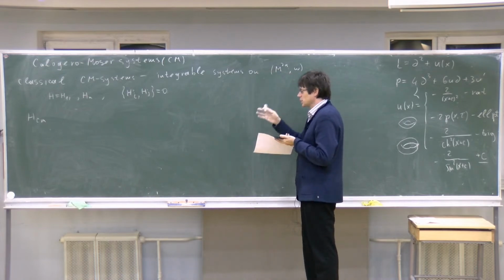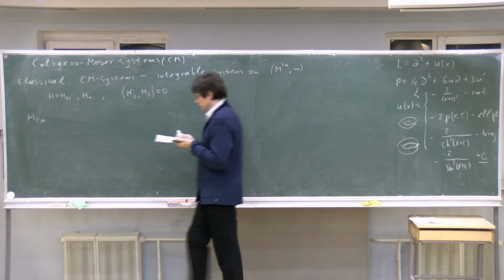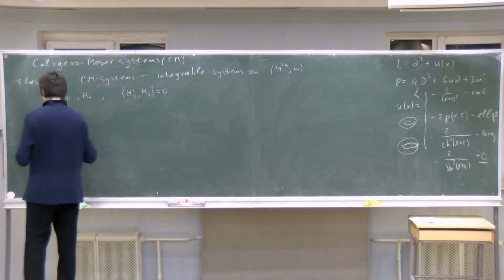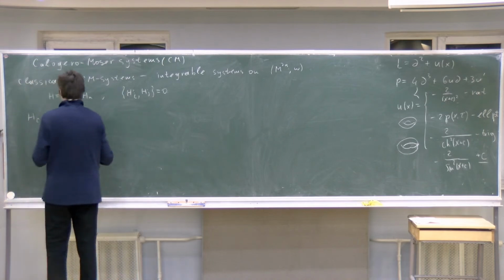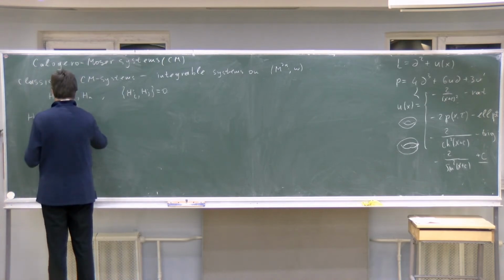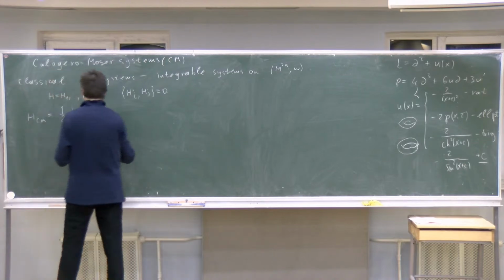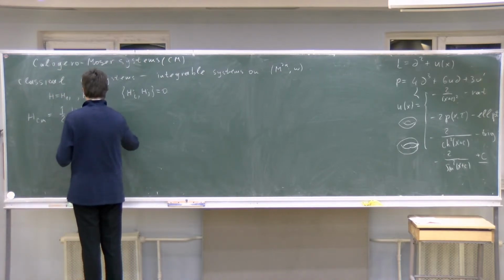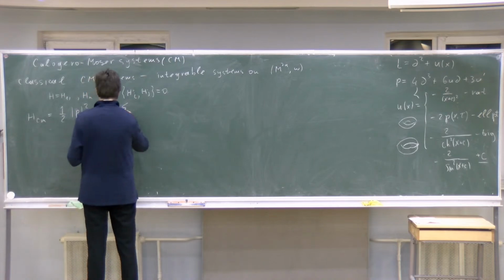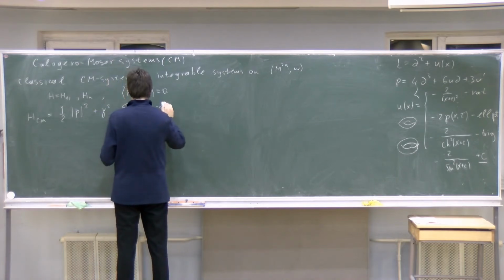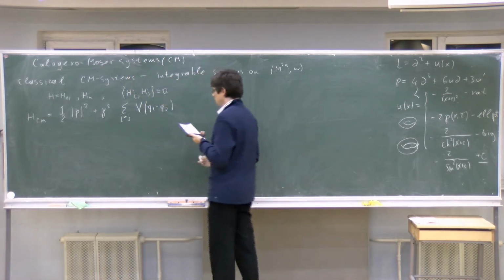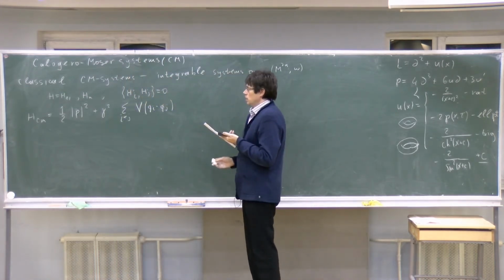But actually, there is a rich history of this system, and let me just start. In the classical case, we put H_CM equal to 1/2 p squared plus gamma squared sum over i not equal to j of V(q_i minus q_j).